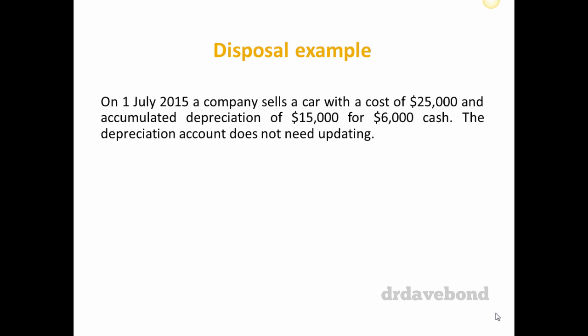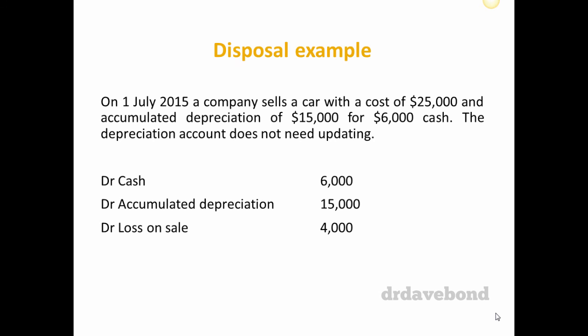That doesn't balance. We've got 21 and we've got 25. We need another 4 here. Debit loss 4,000. So: debit cash of 6, debit accumulated depreciation of 15, debit loss of 4, and credit car of 25.